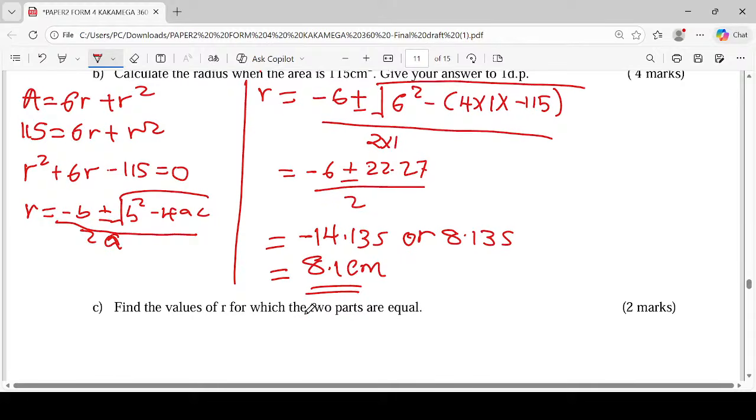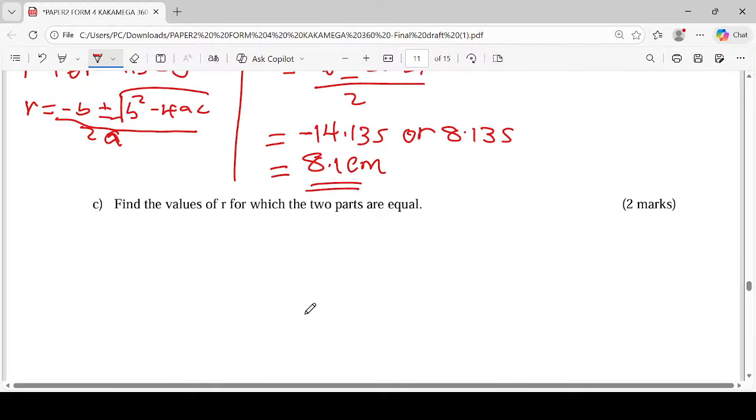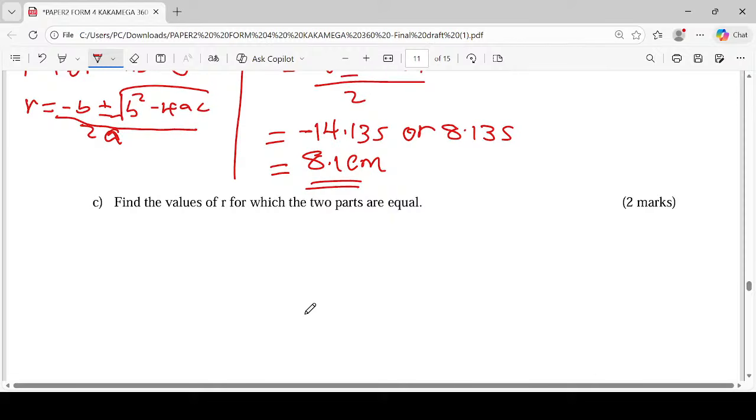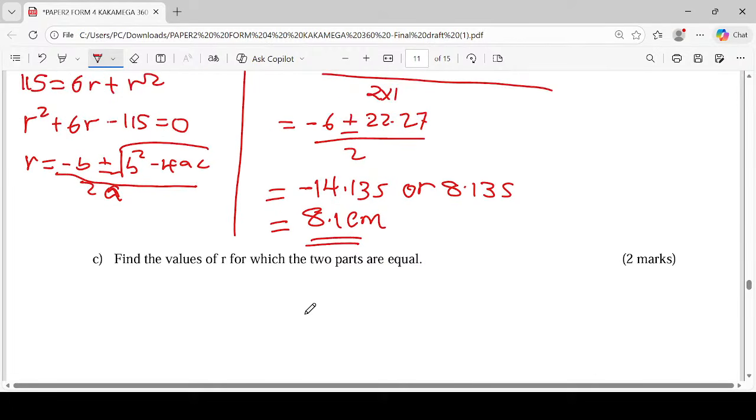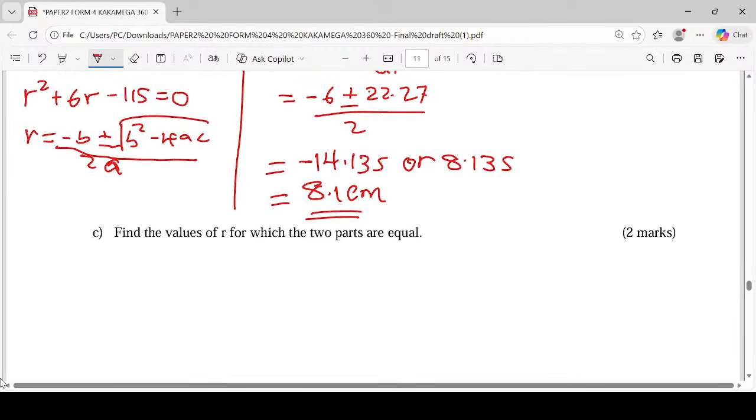Let's look at part C of the very question. Find the values of R for which the two parts are equal.